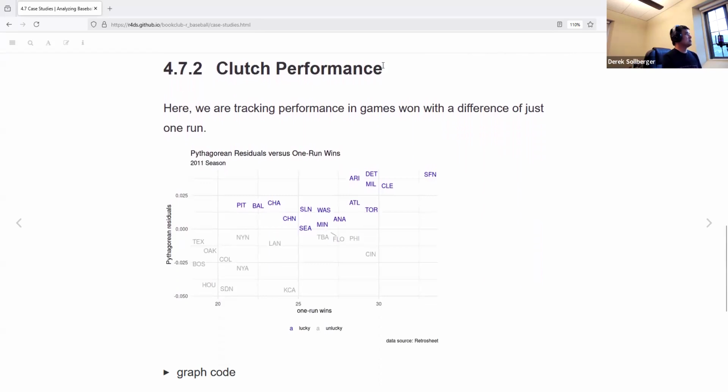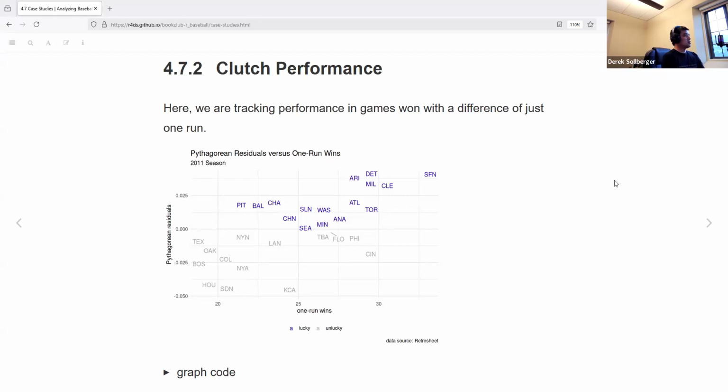Another thing to think about, which I'm just going to haphazardly call clutch performance, is tracking performance in games won or lost by a difference of just 1 run. We call these 1-run wins. And back in that 2011 season, first of all, I once again put in the color codes: if they outperform the Pythagorean, I have them in dark blue, and if they underperform the Pythagorean, I have them in gray.